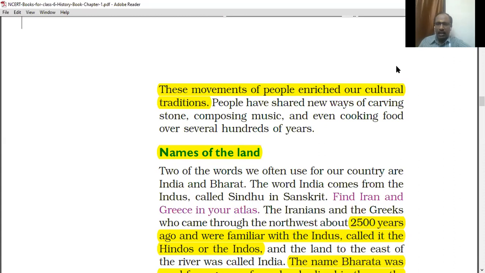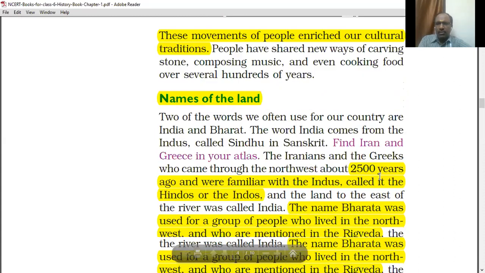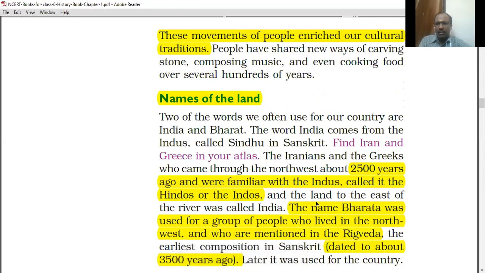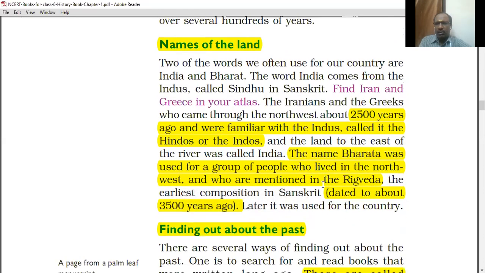A very interesting fact is that the Iranians and the Greeks who came through the northwest 2,500 years ago were familiar with the Indus, and called it the Indus or Indos, and the land east of the river was called India.